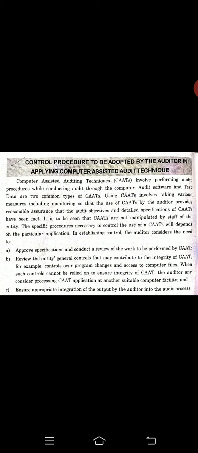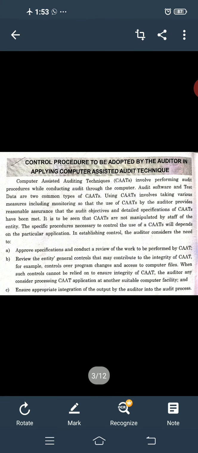It is also to be seen that CAATs are not manipulated by the staff of the entity.